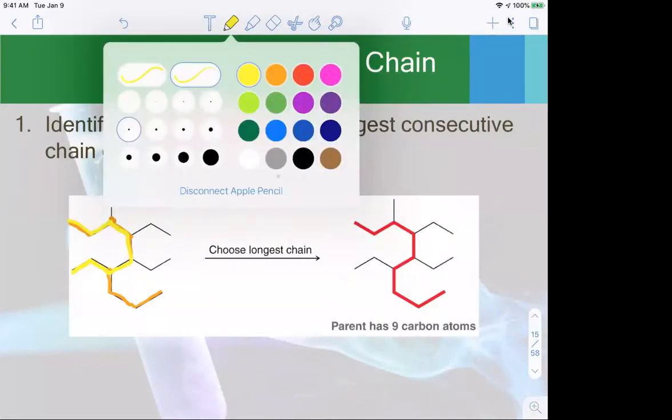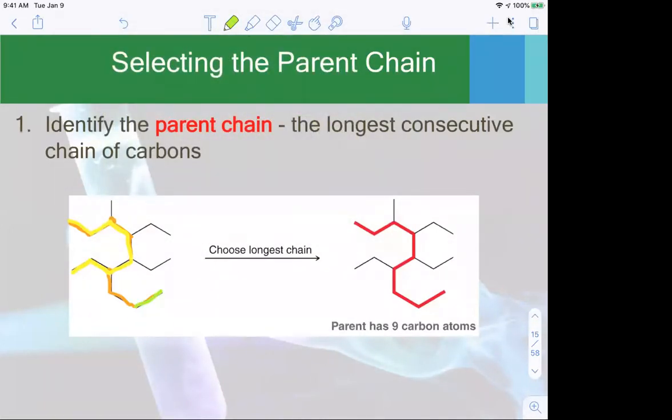I could always go 1, 2, 3, 4, 5, and then 6, 7, 8. Well, that's 8 carbons, that's not 9 carbons. And you see what I'm doing? I'm going through various orders of trying to figure out the connectivity in order to figure out what is my longest consecutive chain of carbons.